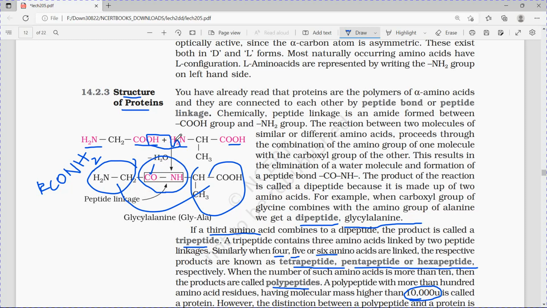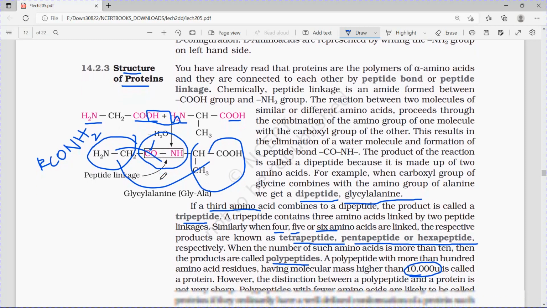So this is a peptide linkage, and when two amino acids join together to form a peptide linkage, it is called a dipeptide. If three amino acids, it is called a tripeptide. Four amino acids is called tetra. Like that it goes on to a polypeptide. If a polypeptide has a molecular mass of 1000, we can call it a protein.